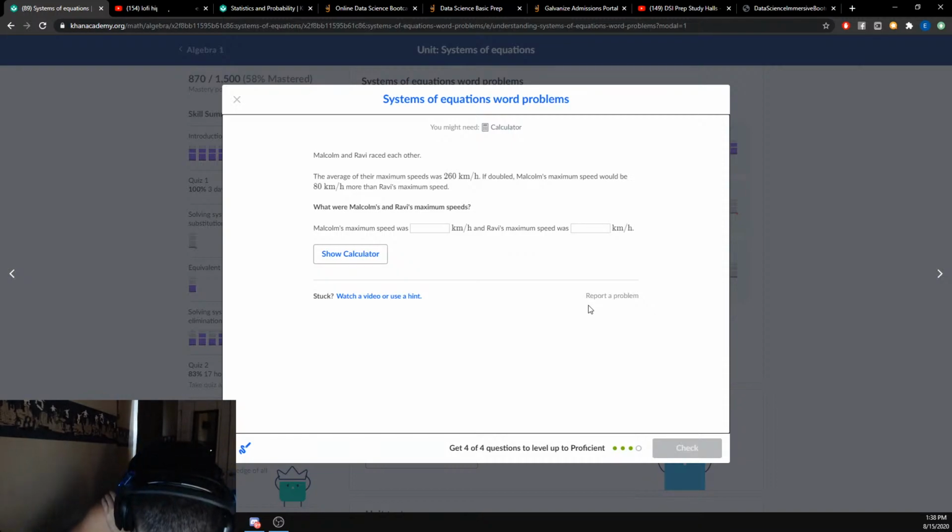So I have x already. So it's going to be 2 times y plus 80 plus y equals 260. 2y.